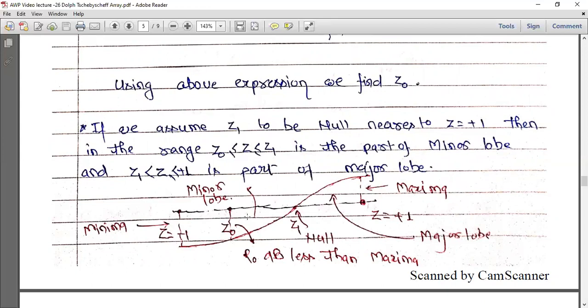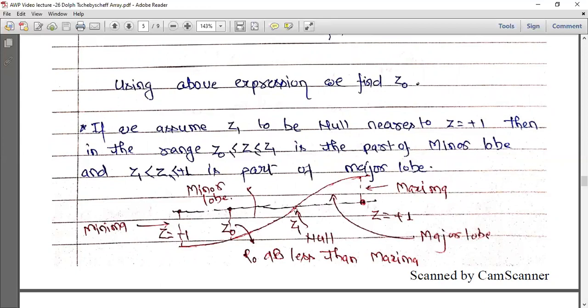I hope you can easily draw a figure in which there is a major lobe and a small side lobe. The null is always between the major lobe and the minor lobe. There is a straight line separating the major lobe and the minor lobe, and that line is the null line. The small separation between the null and the maximum value of the minor lobe is represented by the region between z0 and z1.